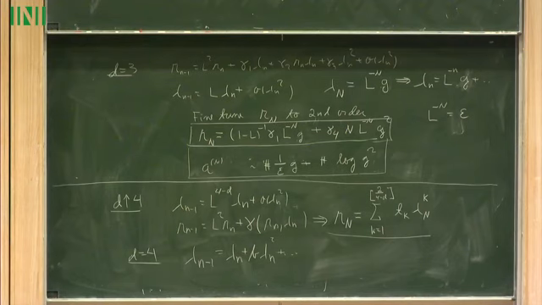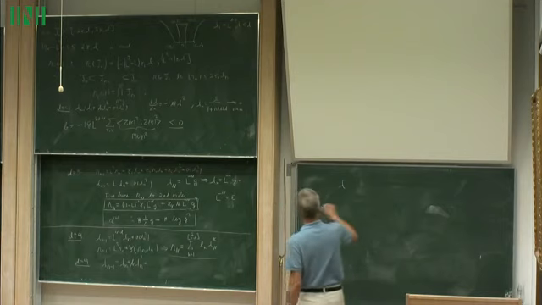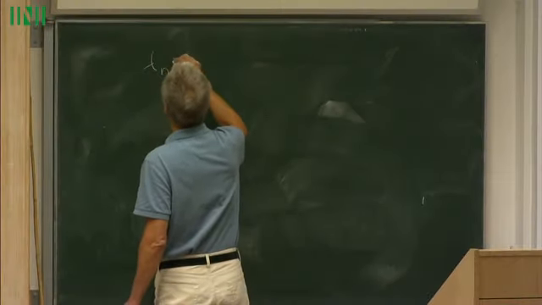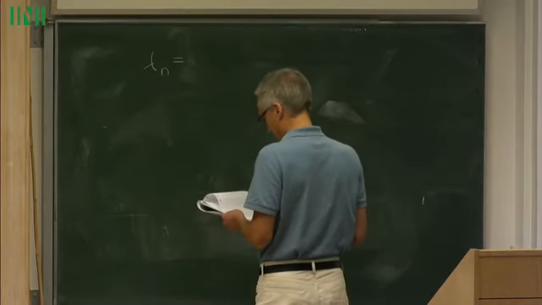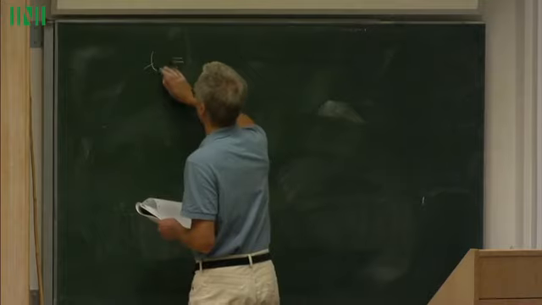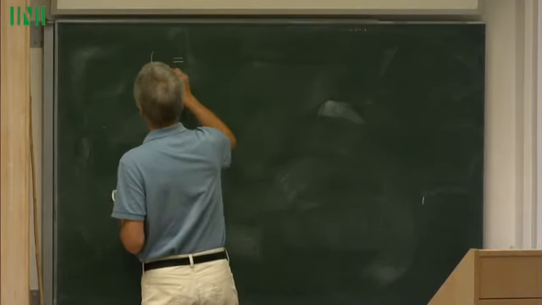Now I can solve this with the final condition. So let me try to find lambda capital N as a function of lambda little n.